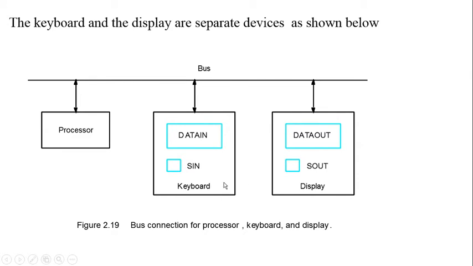This keyboard is an input part, and it is associated with a buffer we can call the data in buffer, and also associated with this we have a status flag or a control flag, which we can call SIN. Similarly, associated with this output device, the display device, we have a buffer we can call the data out buffer, and also a single bit of control flag information, which we can call SOUT.